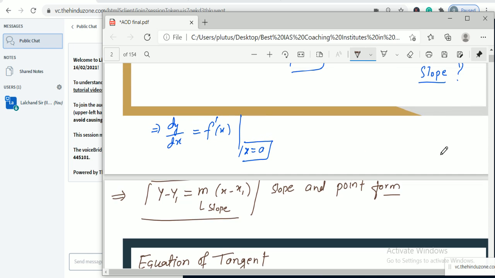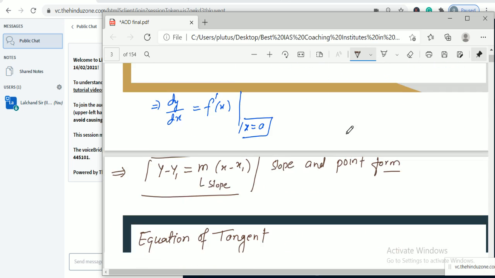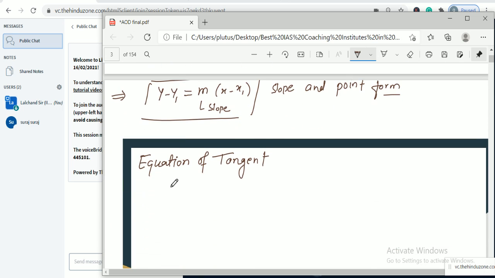Our point is simply (a, f(a)), and slope value is dy by dx at x equal to a, or f dash x at x equal to a.